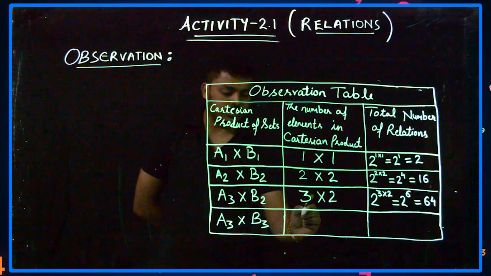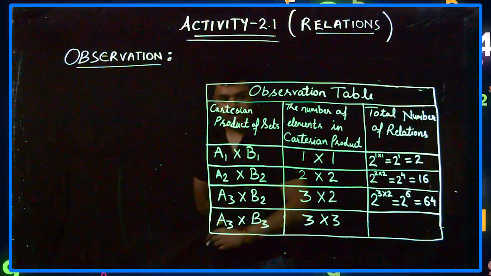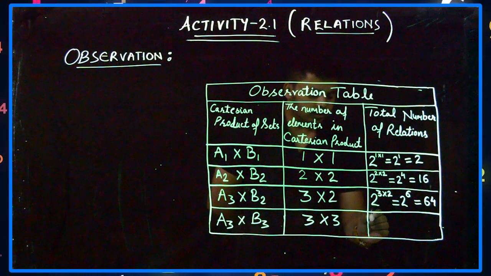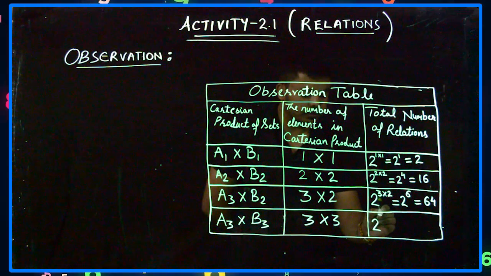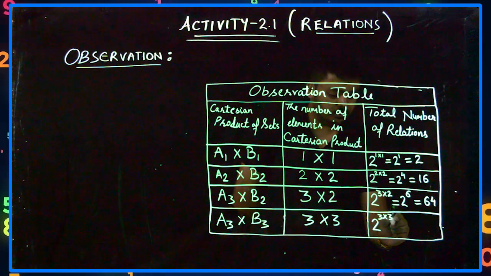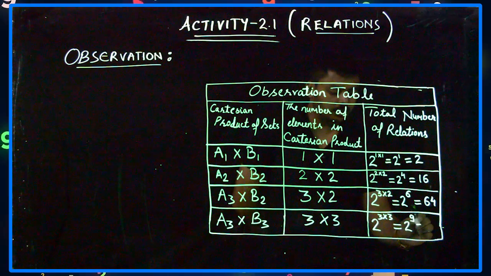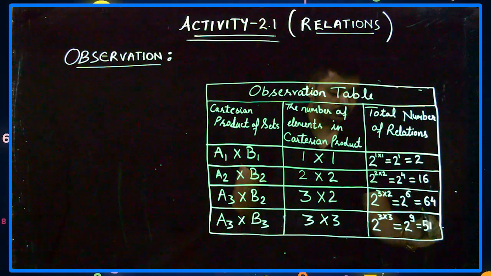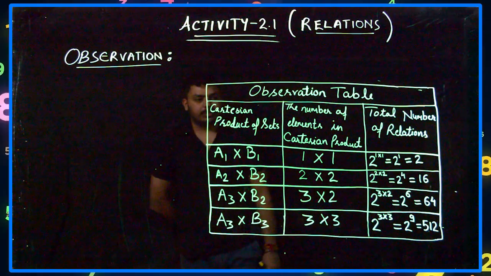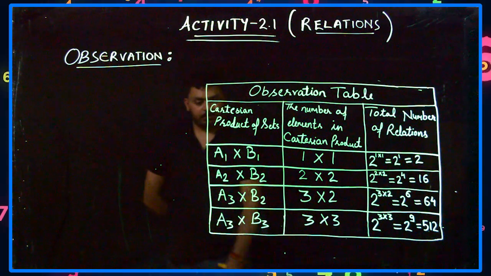Now the elements in both the sets are 3 each. So our Cartesian product of the elements becomes 3 into 3. So the total number of relations becomes 2 to the power 3 into 3, which is equal to 2 to the power 9 equals 512. So there are 512 relations in the set A3 to the set B3.